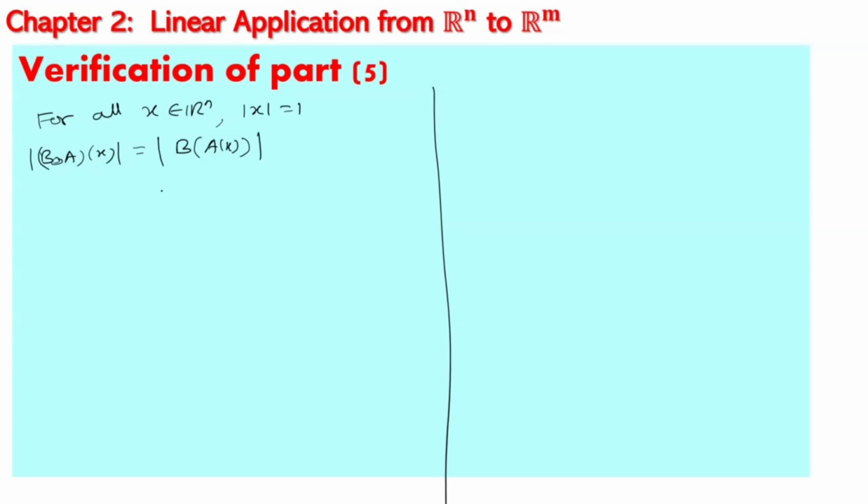By the previous property, the second property, this is less than or equal to norm of B times mod of Ax. Again applying the same property on Ax, we get norm of B, then norm of A, and mod of x.